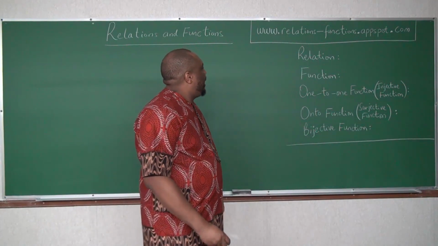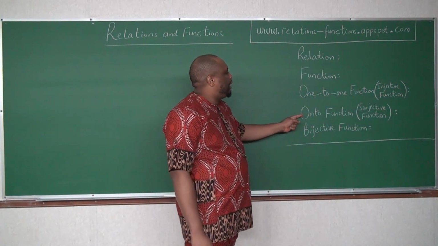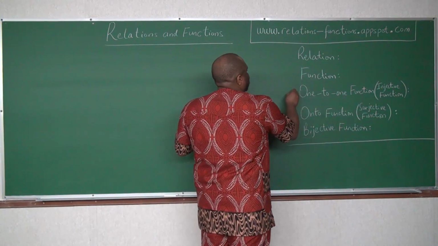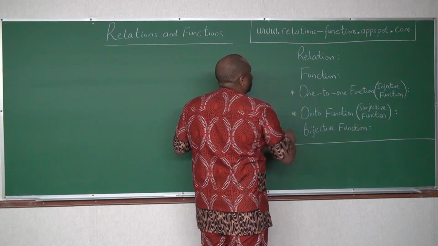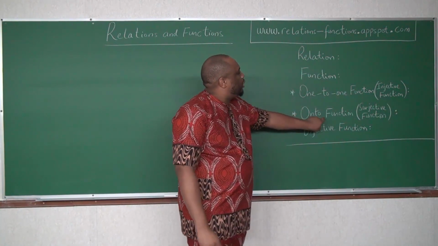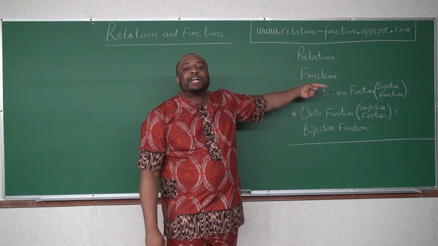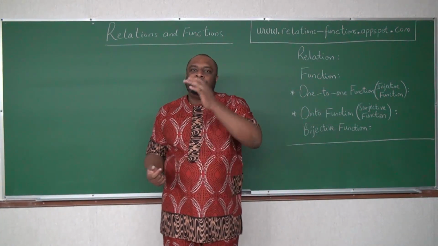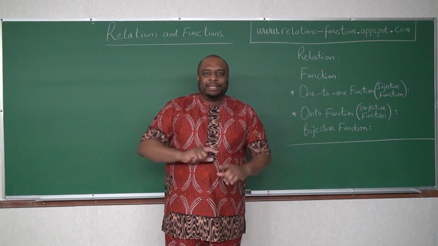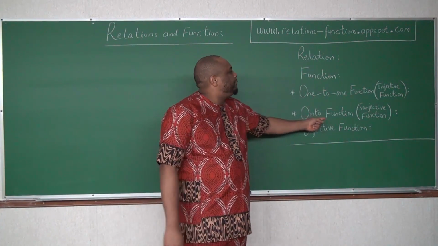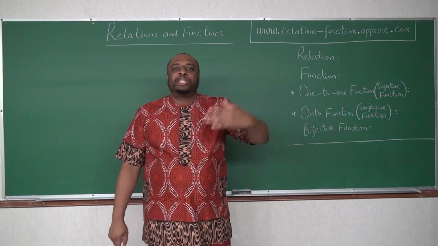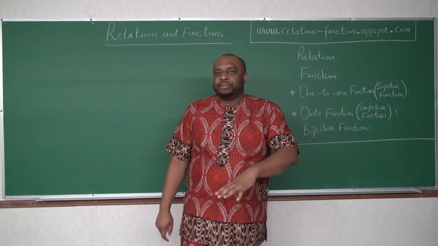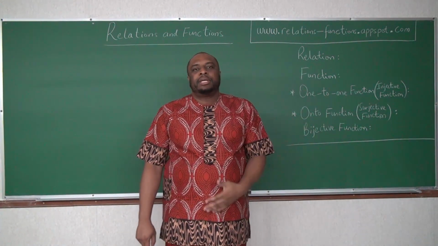The same thing with onto. An onto function must be a function first. You cannot have something that is an onto function but not a function. So all onto functions are functions.